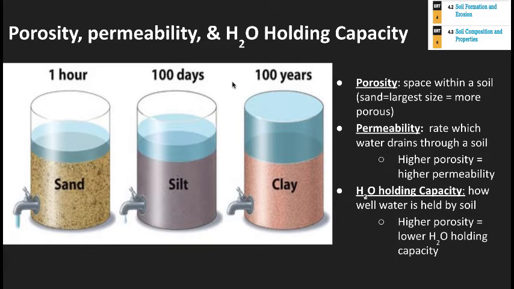A higher porosity means a lower water holding capacity. So you can see sand is going to have the worst water holding capacity, but the highest porosity and permeability. Whereas clay has the best water holding capacity. Water is not going to move through this very well because it has very low porosity and a low rate of permeability.